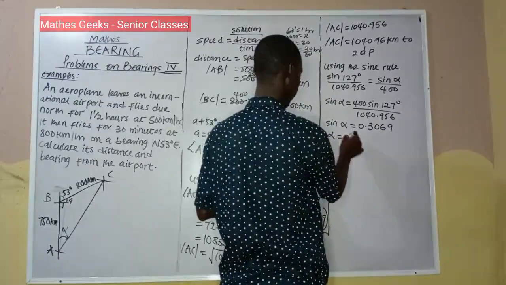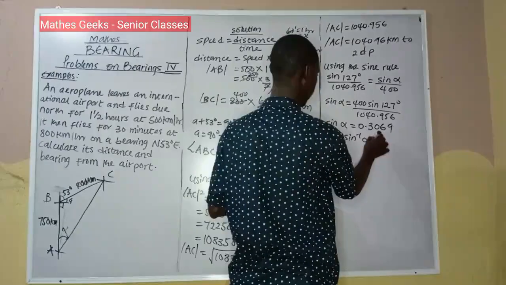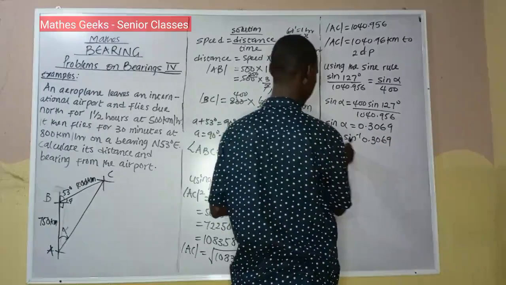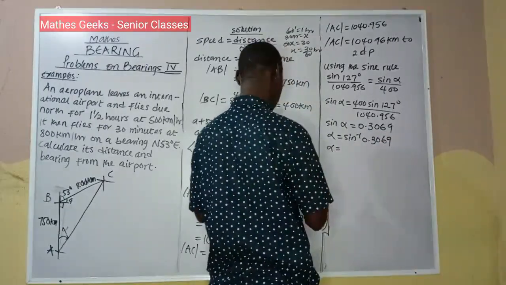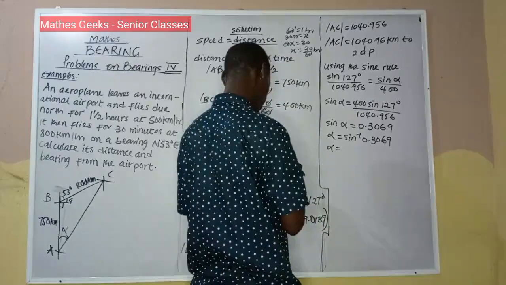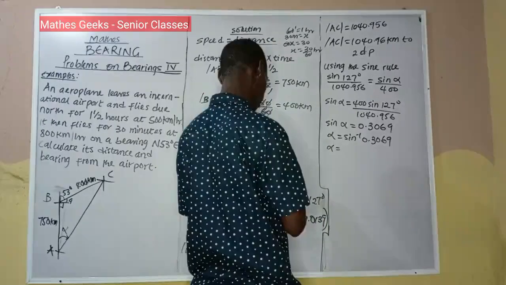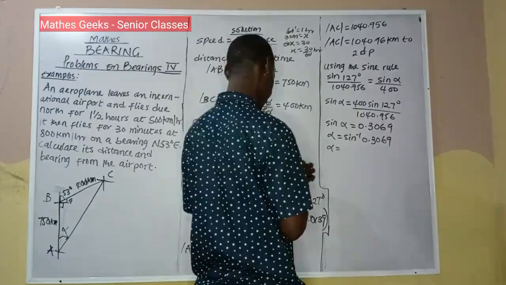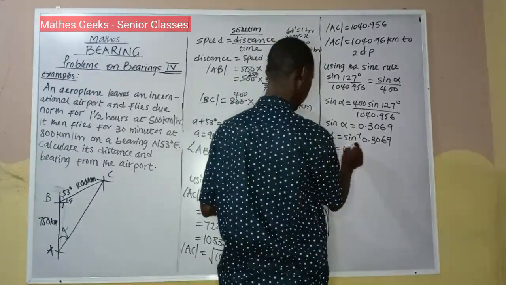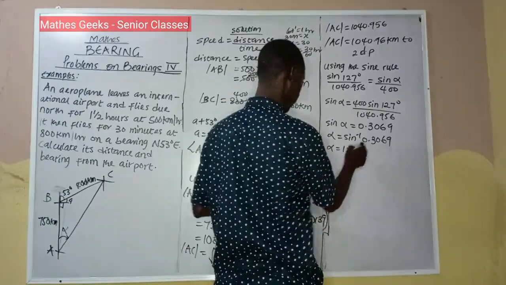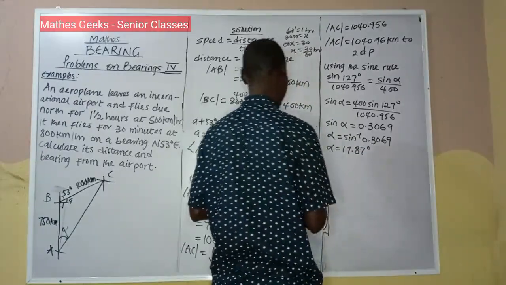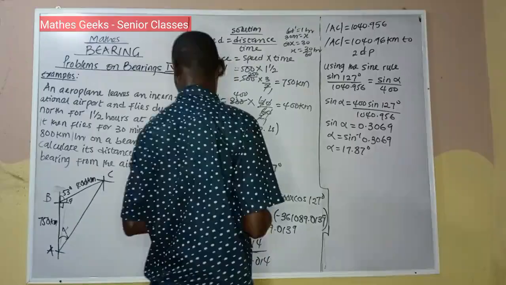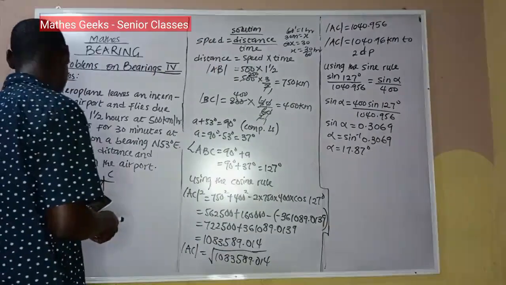And alpha equals arc sine 0.3069, which is 17.87 degrees.